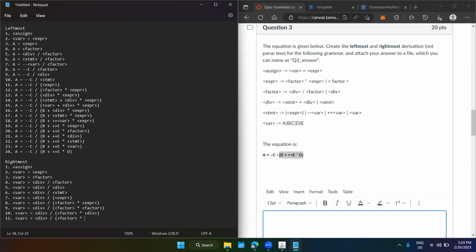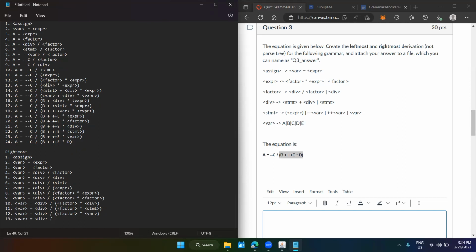Then div points to statement. Statement points to var. So finally, we have a D.